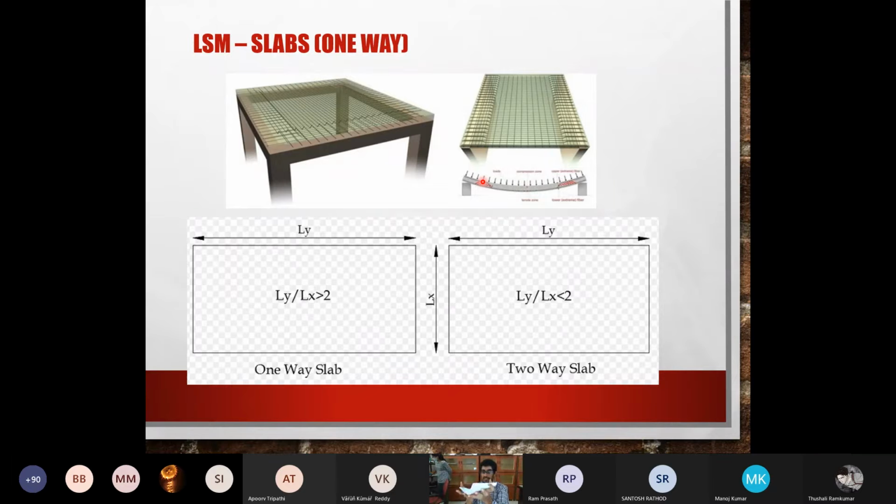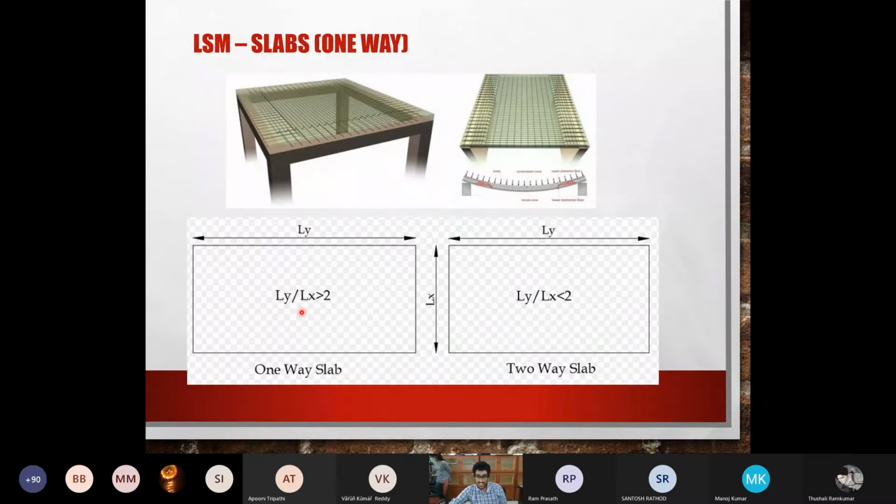Another case is if I make it like this, where I'm sorry, I don't have an arrangement to support four sides. So I'll have a thing where in the middle I have a maximum deflection, and towards the corners it will reduce to 0.